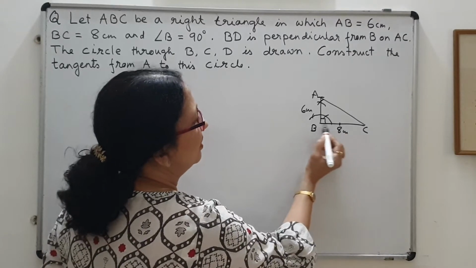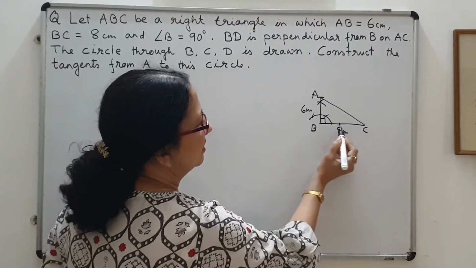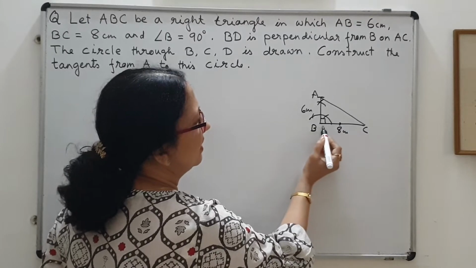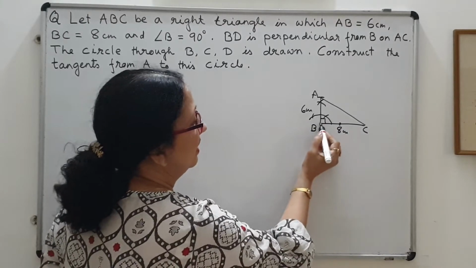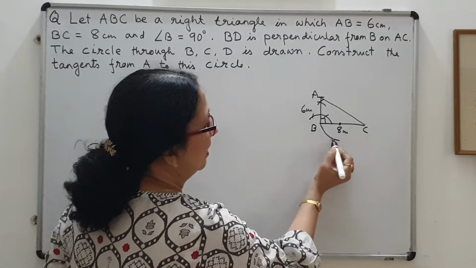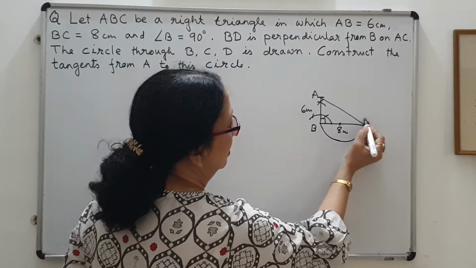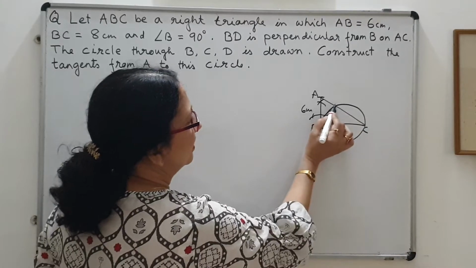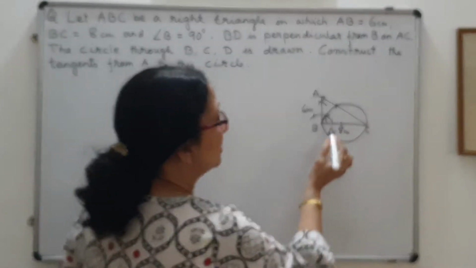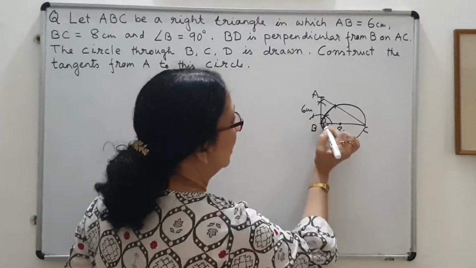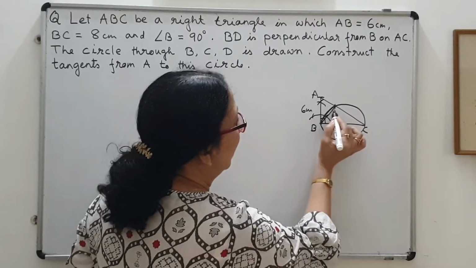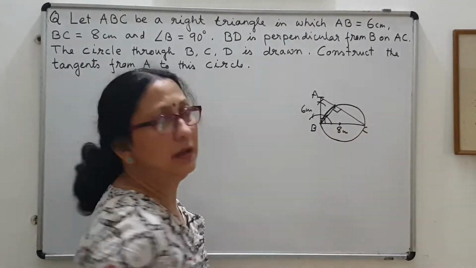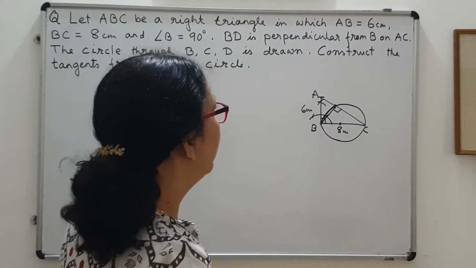It will be just 4 centimeter from B. The midpoint of BC is the center, and BC is the diameter, so I can draw a circle. The circle will cut at some point, and since the angle in a semicircle is 90 degrees, this angle has to be 90 degree by the theorem of circle.